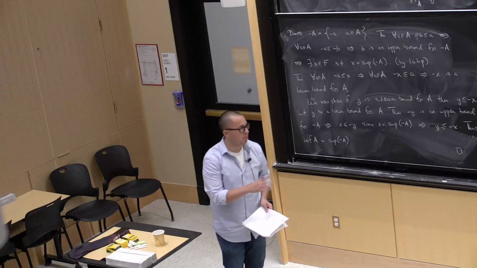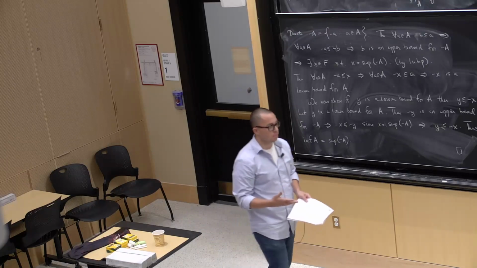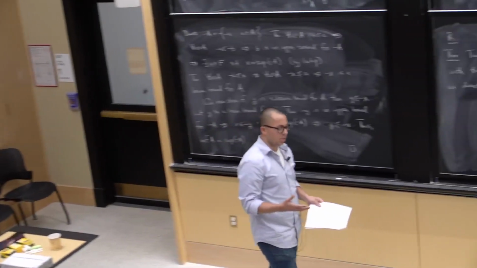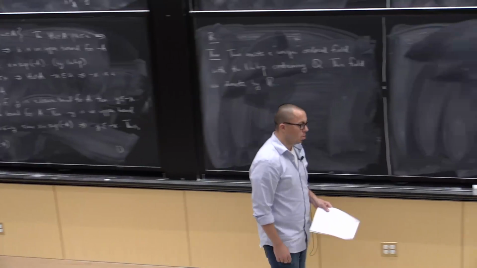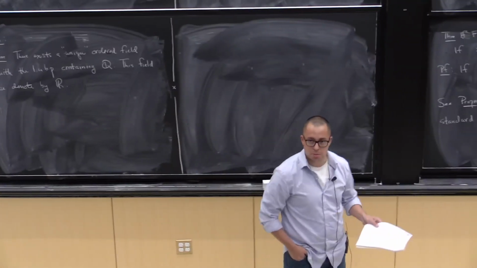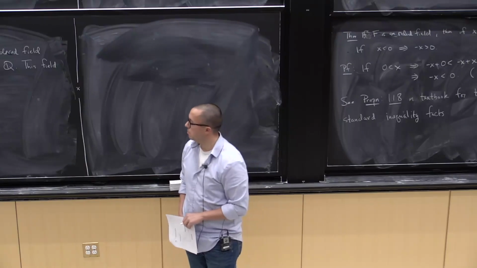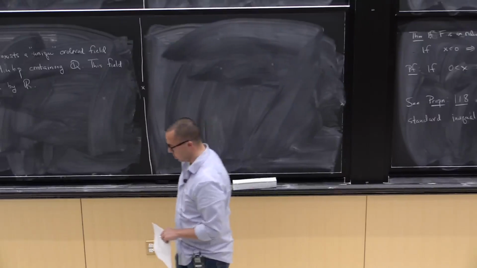so I'm not going to prove this theorem. The way you usually prove this theorem, you construct R either as what are called Dedekind cuts or as equivalence classes of Cauchy sequences. We'll talk about Cauchy sequences soon-ish.